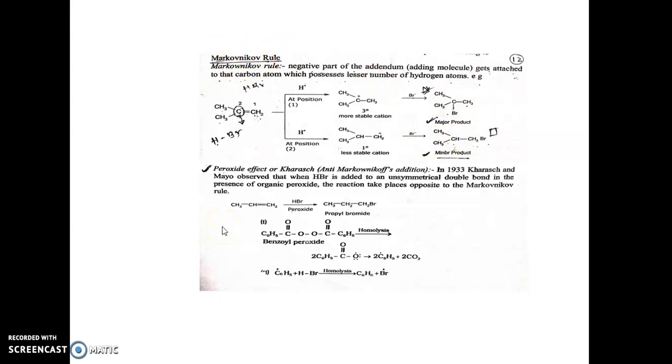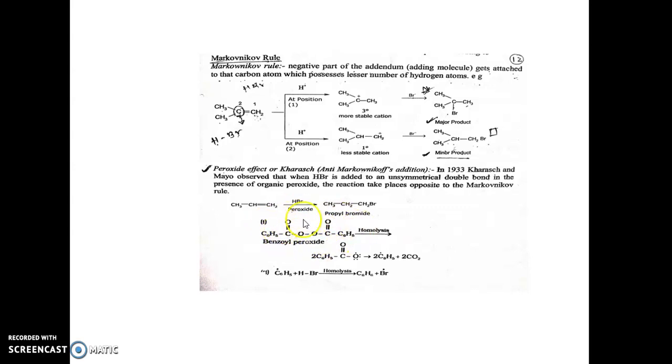Now another rule is very important with respect to Markovnikov's rule: the anti-Markovnikov addition of HBr with alkene. It is also called Kharasch effect or peroxide effect. Clear? So what is this rule basically saying? Whenever you add a molecule to an alkene in the presence of any peroxide, peroxide means mainly compounds which contain an oxygen-oxygen single bond, like hydrogen peroxide H2O2, like benzoyl peroxide.